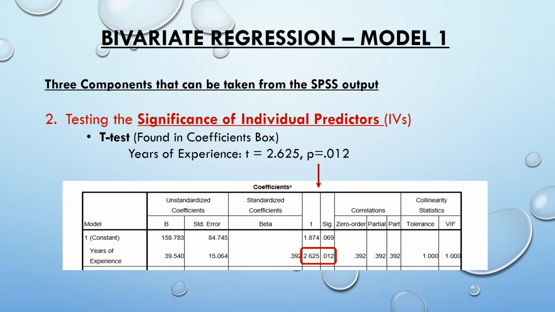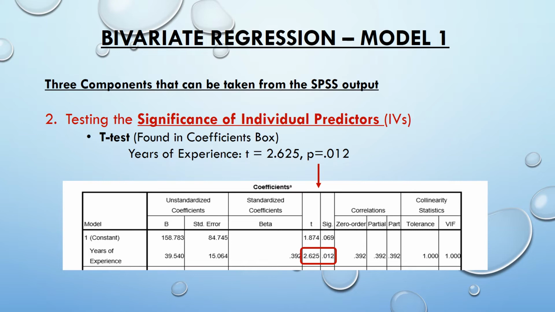So the second of the three components that can be taken from the SPSS output is the idea of how do we test the significance of individual predictors. In order to find that information, we look to the coefficients box. The coefficients box is usually the last box that you'll see at the bottom of your SPSS output.